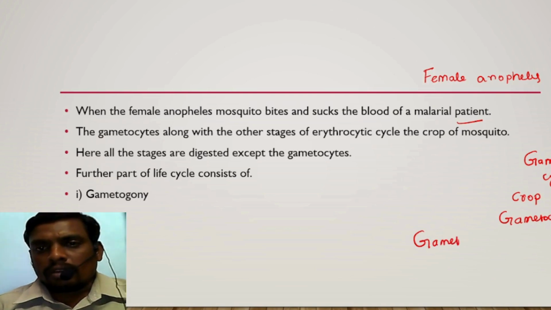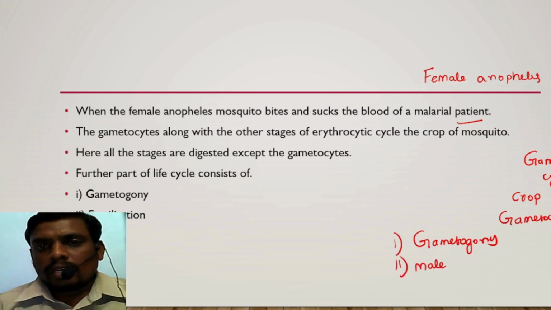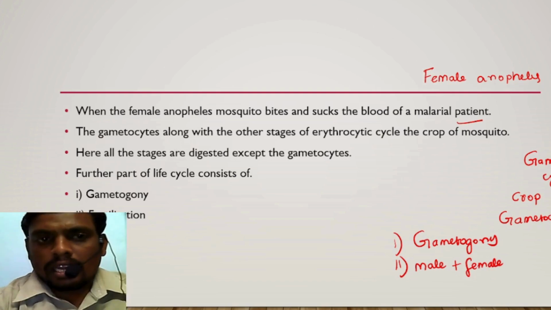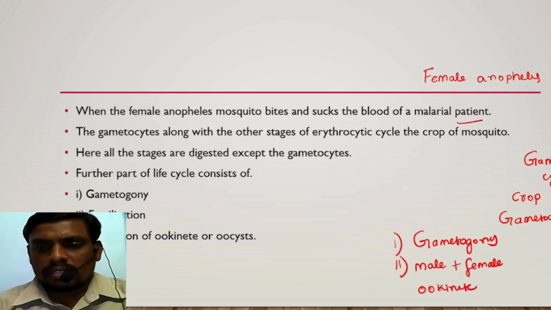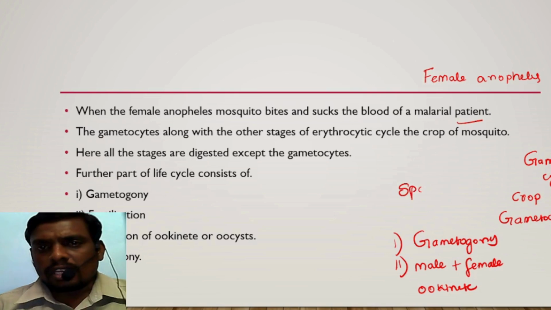Which is nothing but formation of gametes, and the second stage is fertilization, where male gamete and female gamete fuse, and third stage formation of ookinete or oocyst, and the last stage is sporogony.